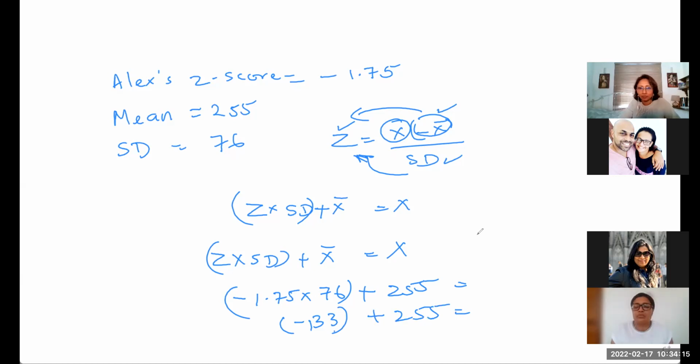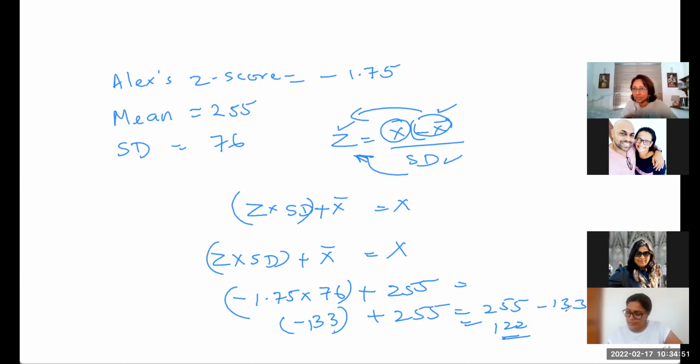What would that give you? It's the same as writing 255 minus 133, correct? What is that? It's 122, right? You get 122. Did everyone get 122? Yes. Right. So the mean is 255.